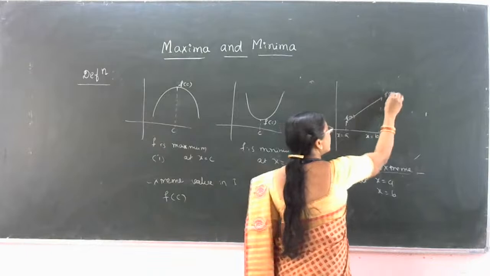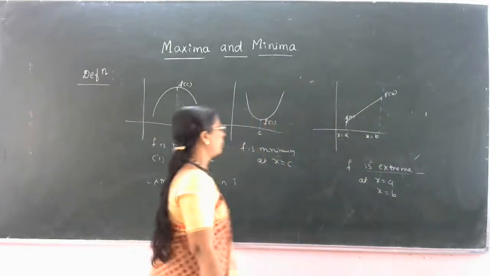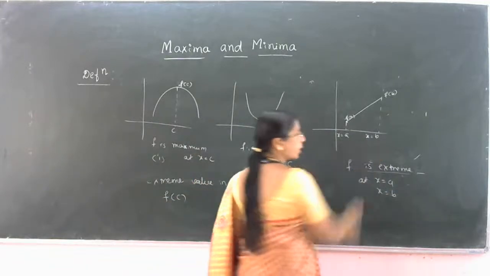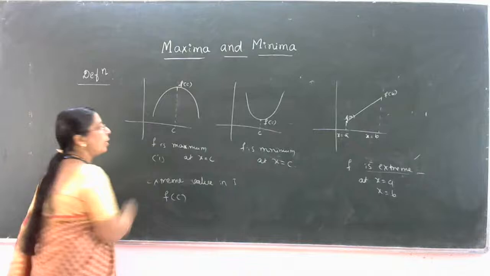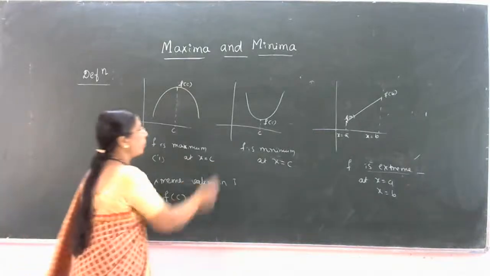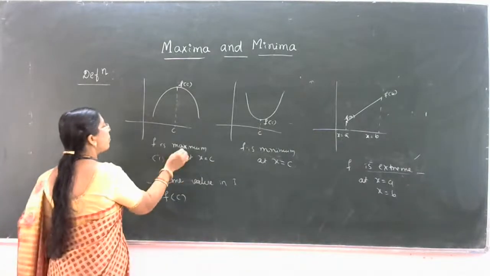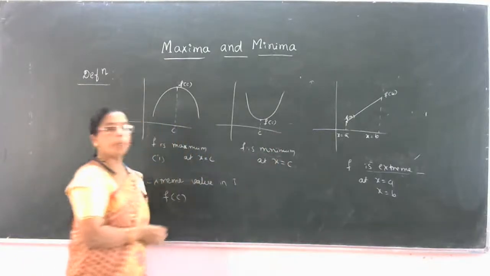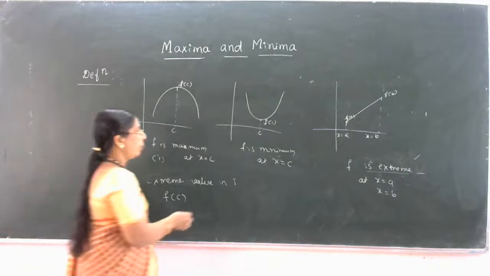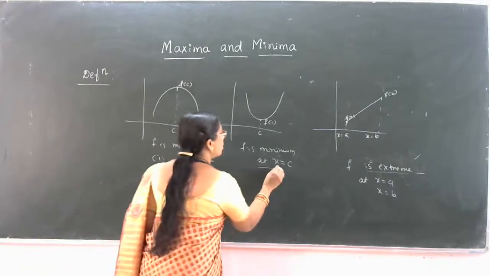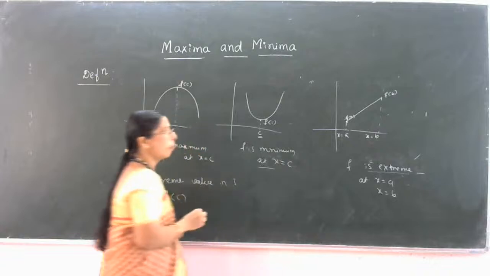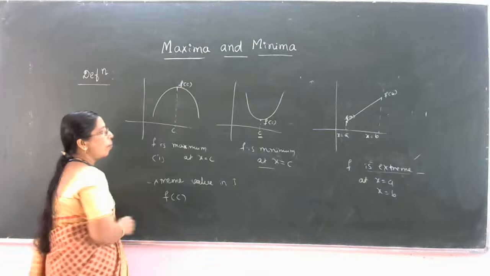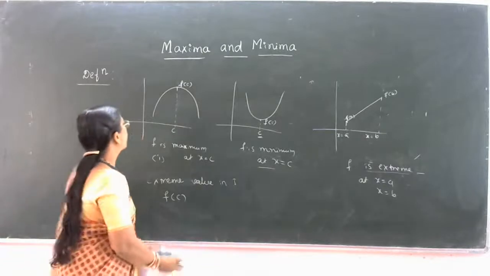Here, f of B is the maximum value. Therefore, we call it extreme value. If there is only one maximum value or only one minimum value, we call it the maximum of f or the minimum of the function f, and C is called the point of minimum or the point of maximum.